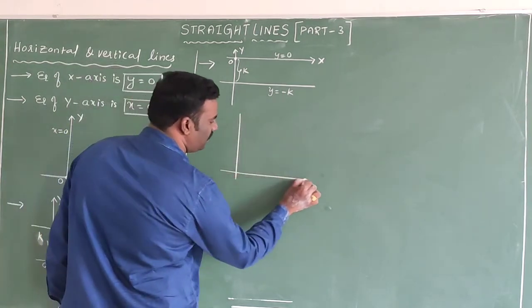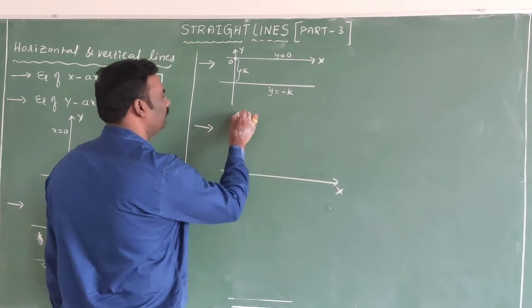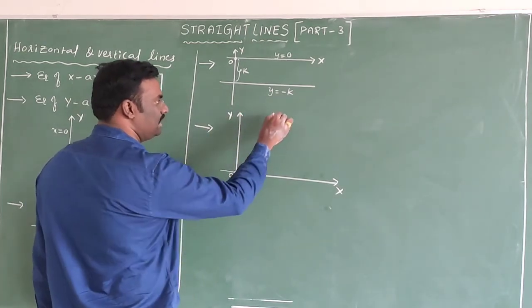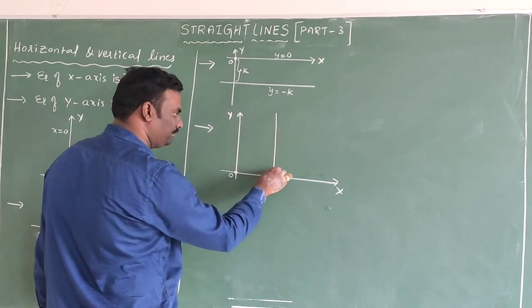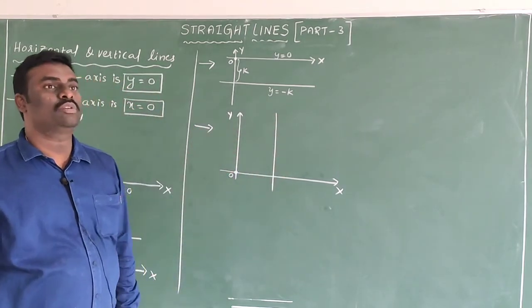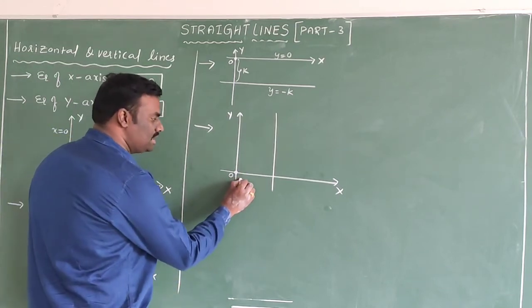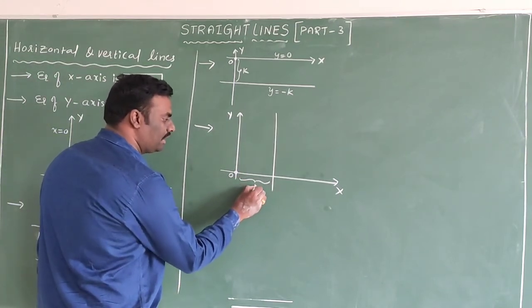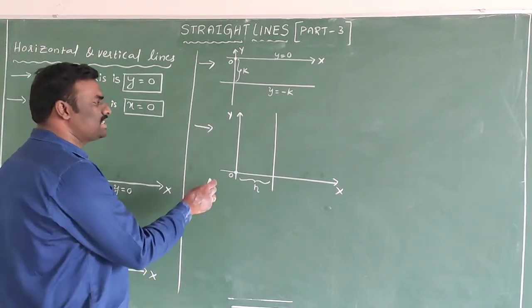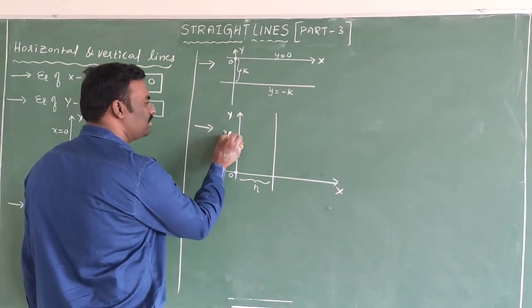So these are the coordinate axis, x axis and y axis, and this is origin. It is a straight line. It is parallel to which axis? Y axis. And how much distance? H units right side of y axis. What is y axis equation? X is equal to 0.